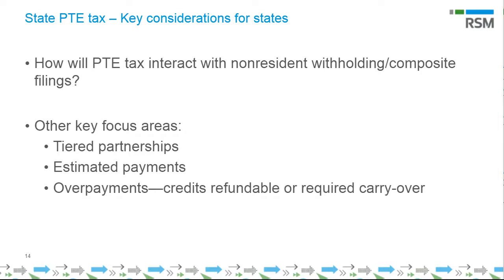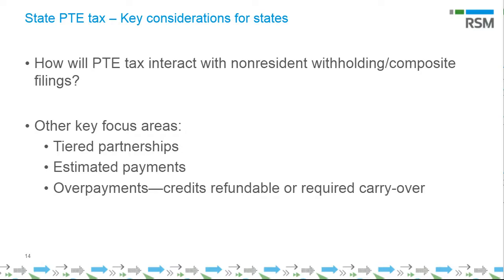In New Jersey, you can use their BAIT, which is their version of the pass-through entity tax, as a credit to offset withholding liability or on the composite return. But on the flip side, in New York, you don't get that benefit. You can't utilize the pass-through entity tax credit on the composite return.